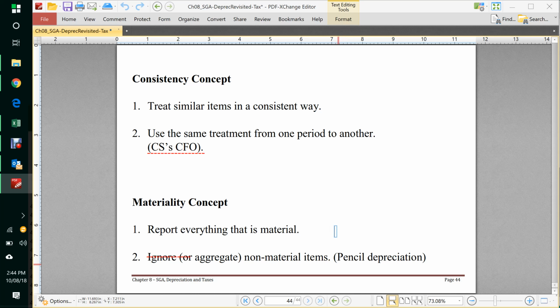So, for example, we definitely depreciate trucks, equipment, maybe even computers, but we don't want to depreciate a pencil every time we sharpen it. So what we're going to do with the pencil is just, when we buy it, expense the whole thing, right? Because it's a small item, it's not going to last long, etc. So that's what materiality is all about.